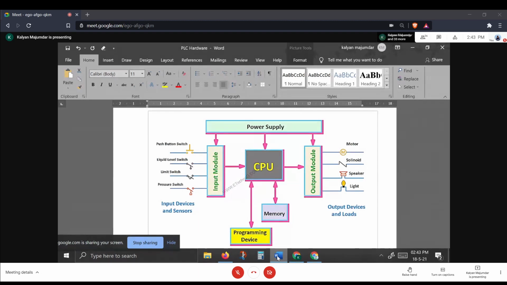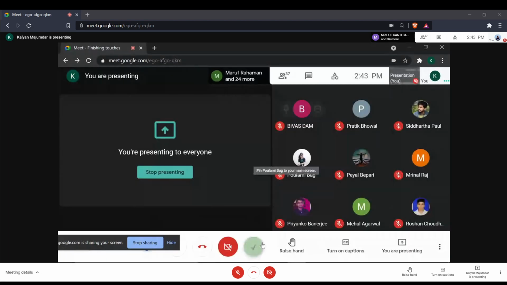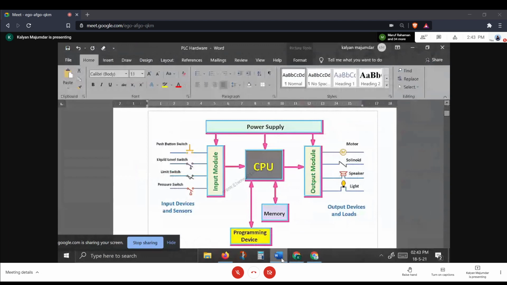If you directly take a laptop, directly take a computer, it's not capable of interfacing to a switch. It is not capable of directly driving an indicator. You can do that, but for that you'll require additional hardware. So this is one area where your PLCs are significantly different from your general purpose computing devices.